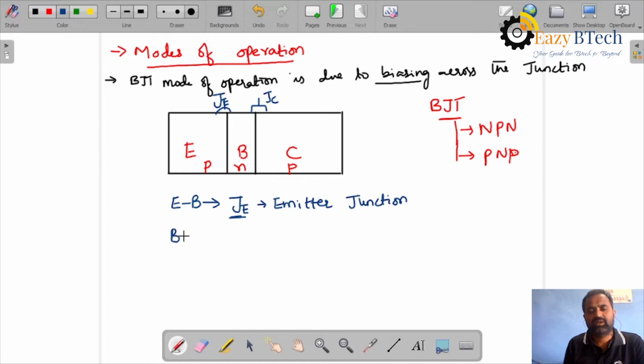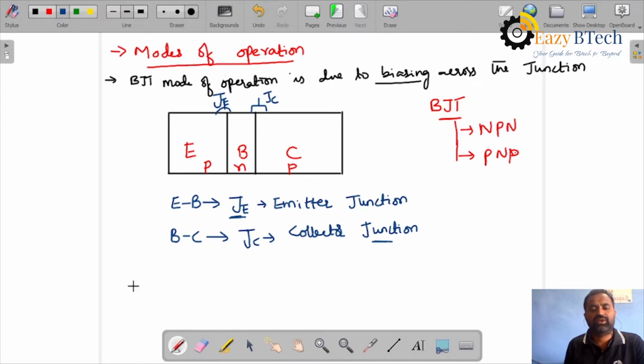Next, base to collector is known as the JC junction, the collector junction. This is the formation: emitter, base, collector.